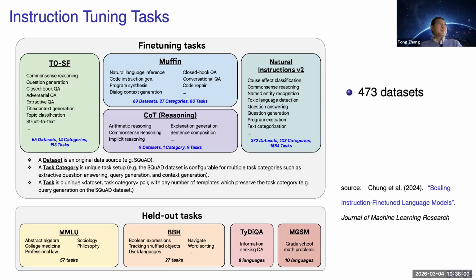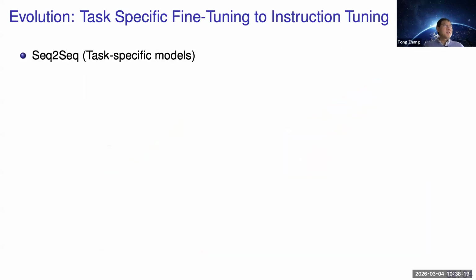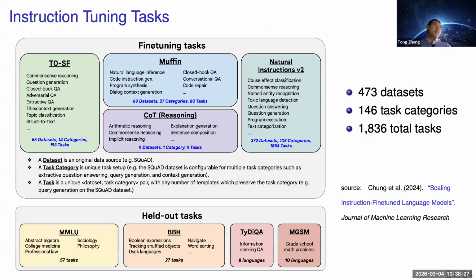They have instruction tuning, and this is a different test set, and this is what they are doing, and task categories and the total tasks and so on. I think one thing I want to say, basically, this is about what it says.